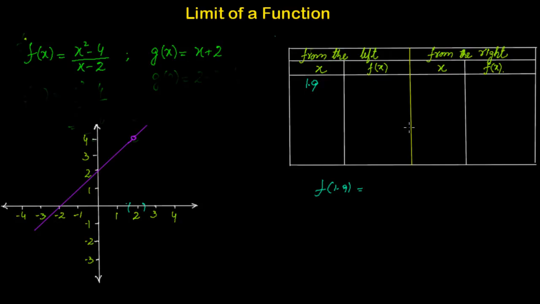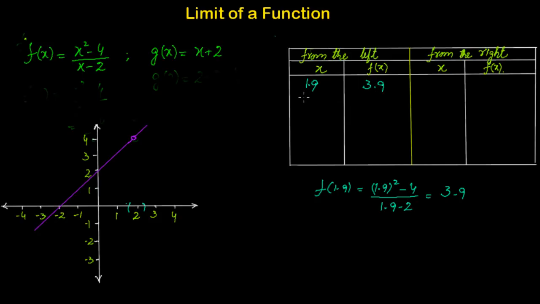So it will be 1.9 square minus 4 upon 1.9 minus 2, which can be easily calculated on a calculator, and this will come out to be 3.9. So when we take x at 1.9, the function value will be equal to 3.9.